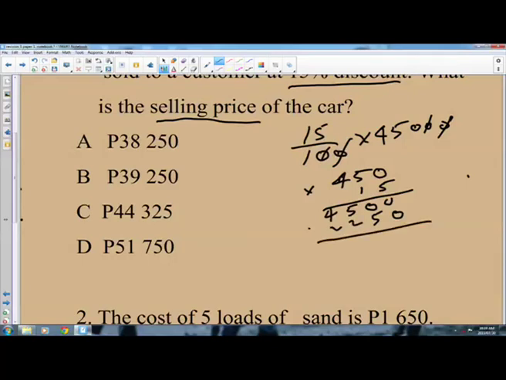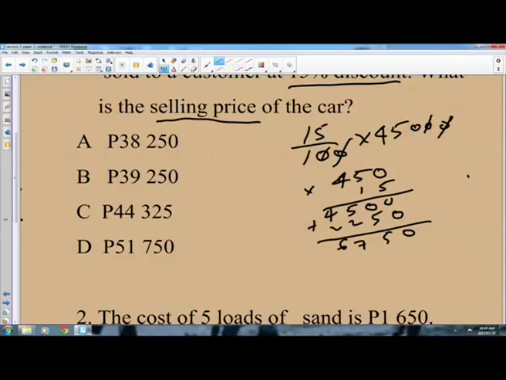And then what do we have? It's 0 plus 0, 0, 0 plus 5 is 5, and then 5 plus 2, this is 7, and then 4 plus 2 is 6. This is simply saying the 15% of 45,000 pula is 6,750.